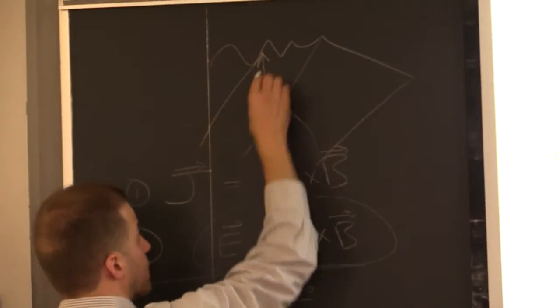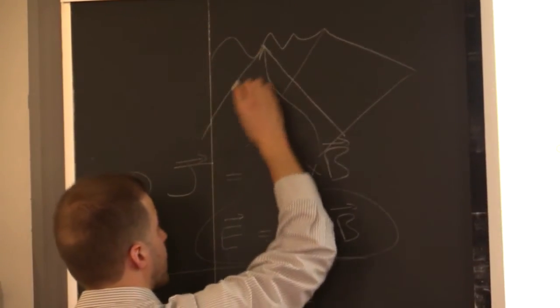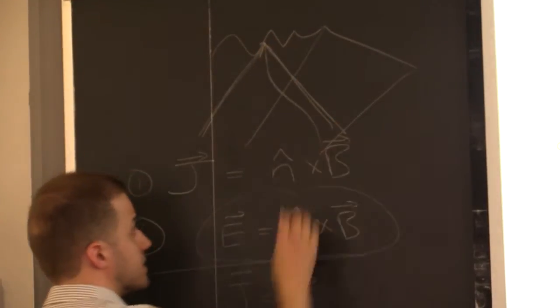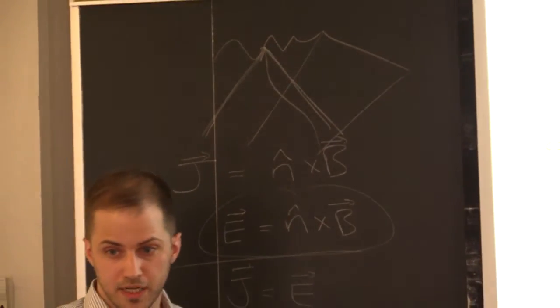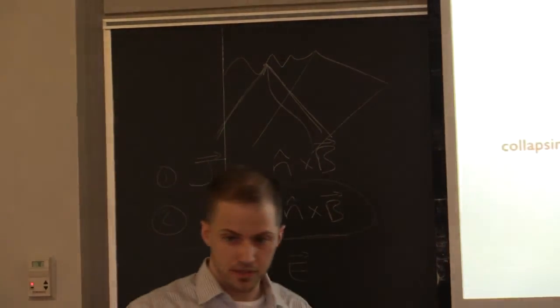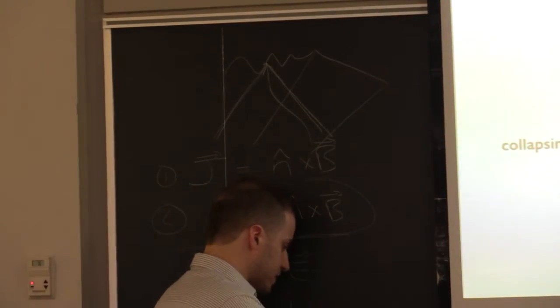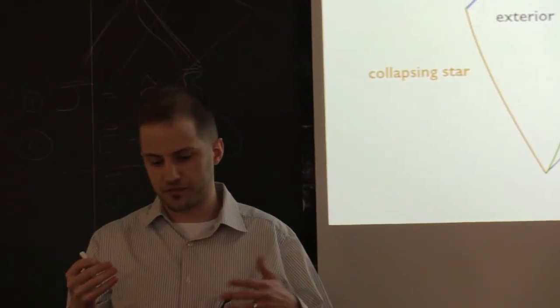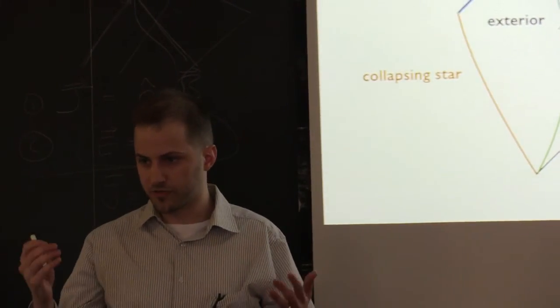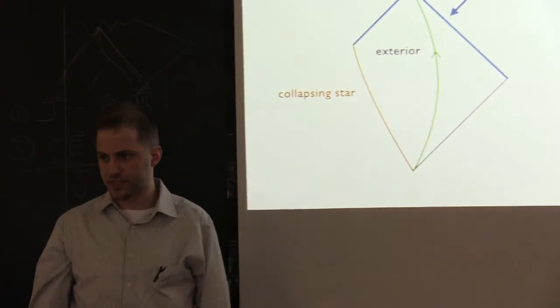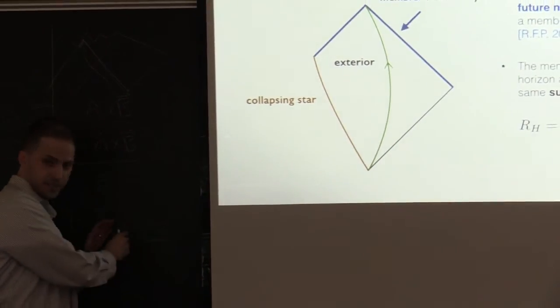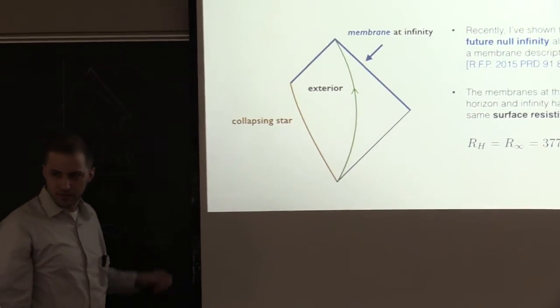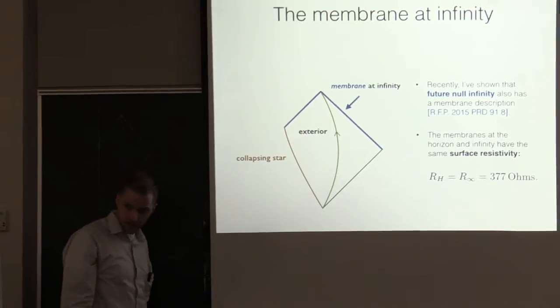They have some causal diamond, and on the boundaries of their causal diamond you can set up the exact same membrane paradigm, and you'll find this 377 ohms. This is very much related to a famous thing in holography about the universal viscosity to entropy ratio of 1 over 4 pi that a lot of theories saturate. This is like the resistivity version of that universal thing.